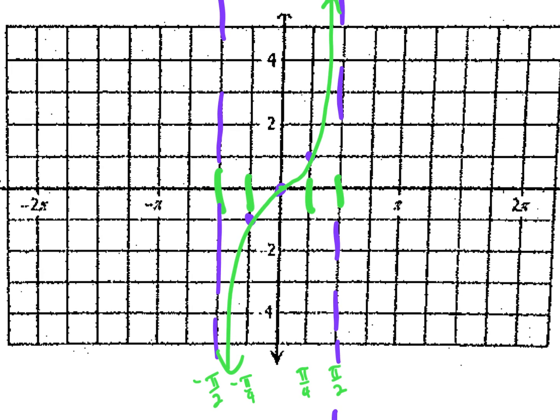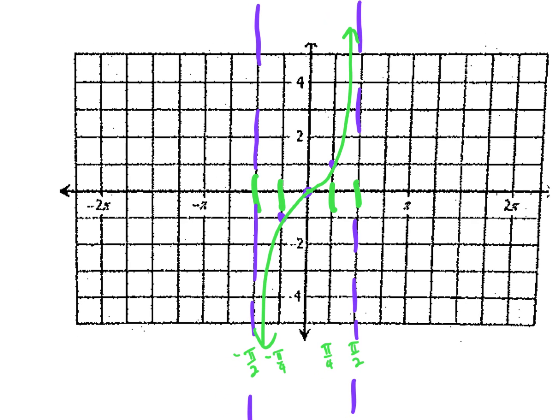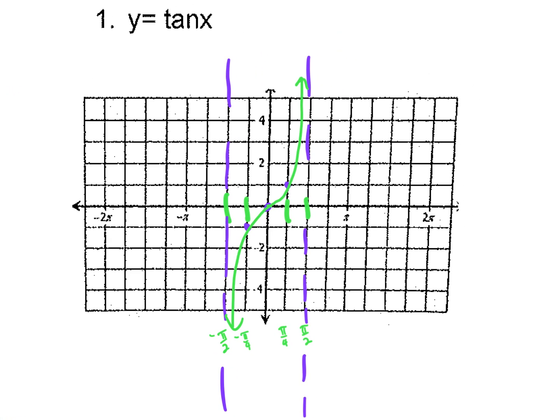And this graph goes basically from bottom left, it rises to the right. Now, technically, we're not going to draw this in because we're only drawing the one period, but I want you to think about the fact that if you were to put this on a graphing calculator or on your computer, we would have more asymptotes, and this graph continues this way and this way.